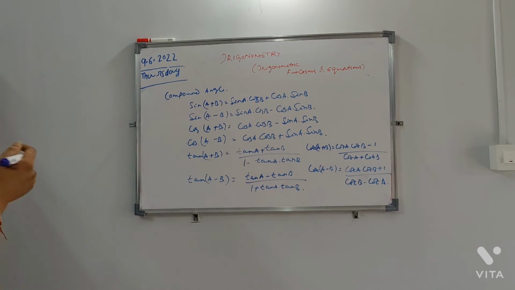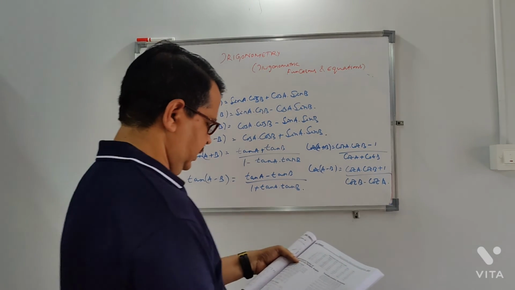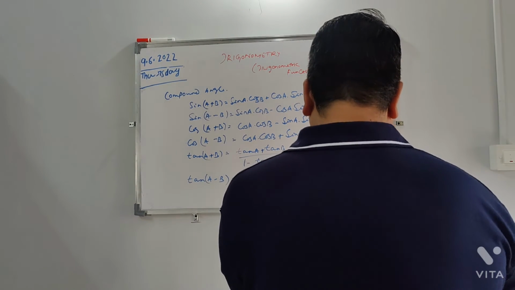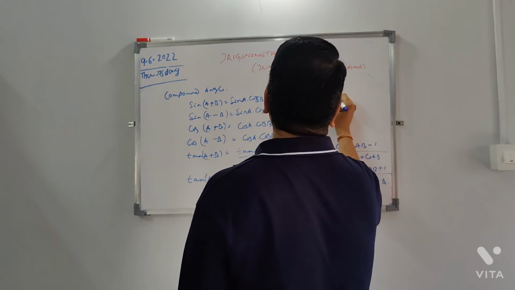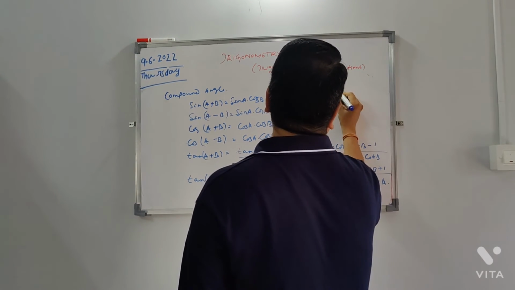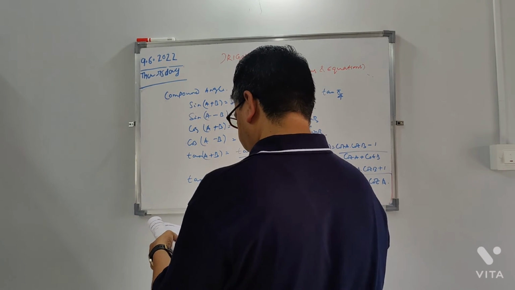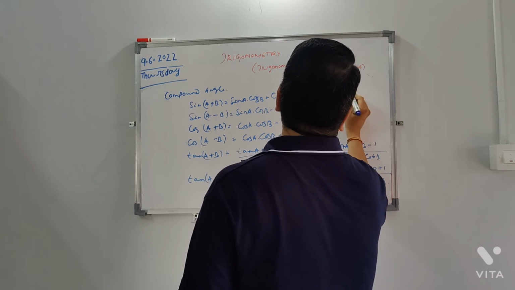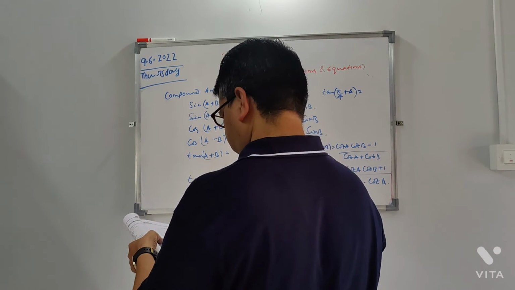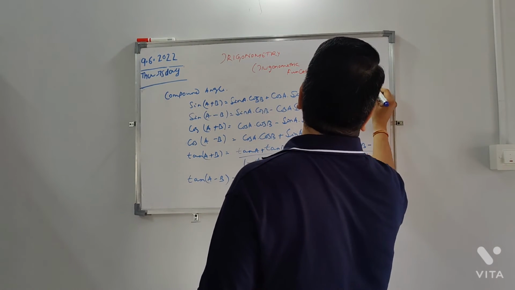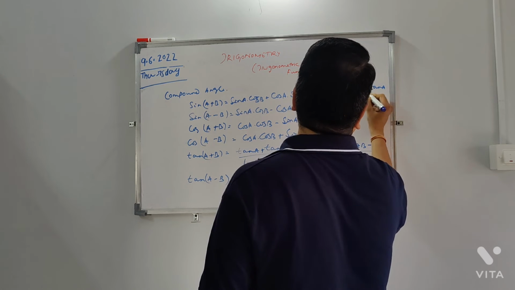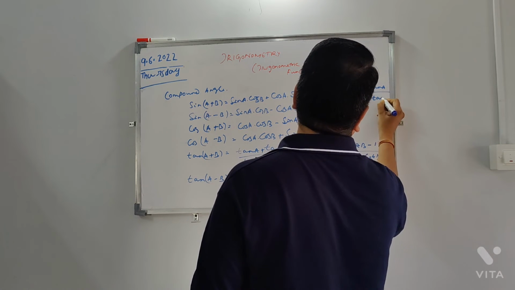Then another important formula is for pi by 4. Tan of pi by 4 plus A is equal to 1 plus tan A divided by 1 minus tan A, because tan pi by 4 is 1.